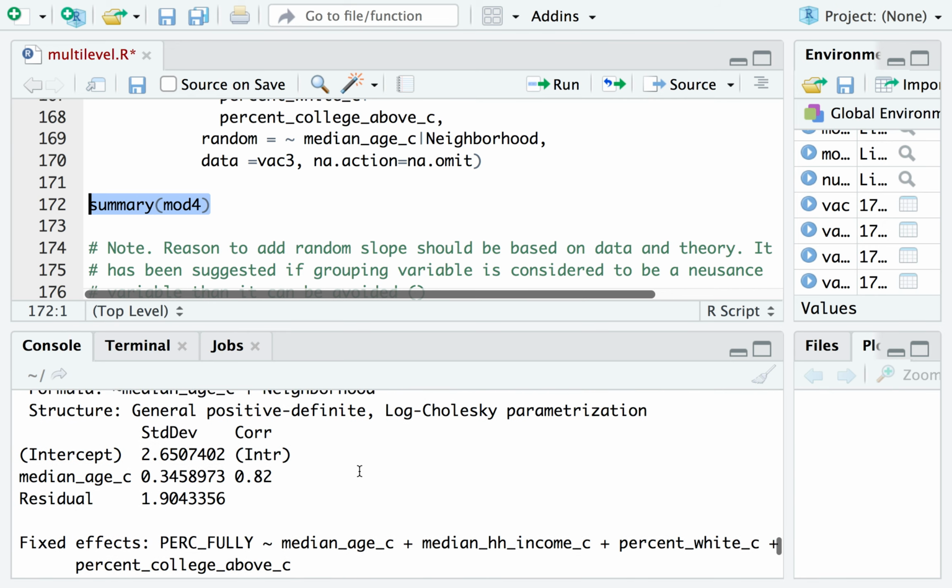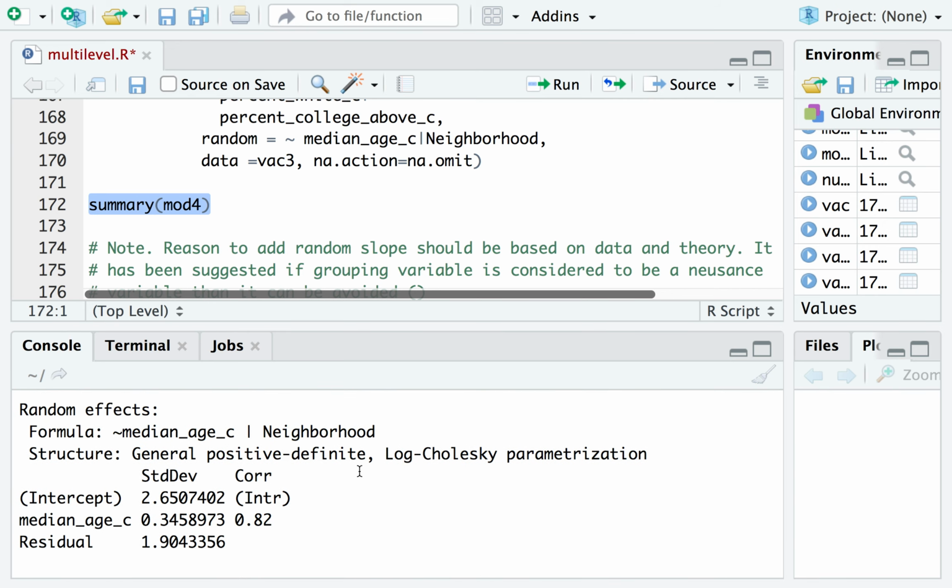And you can see one thing that changes when you look at the random effects is that you get the correlation as well. You get the standard deviation for the actual slope, which in this case is 0.345, along with the standard deviation for the intercept.